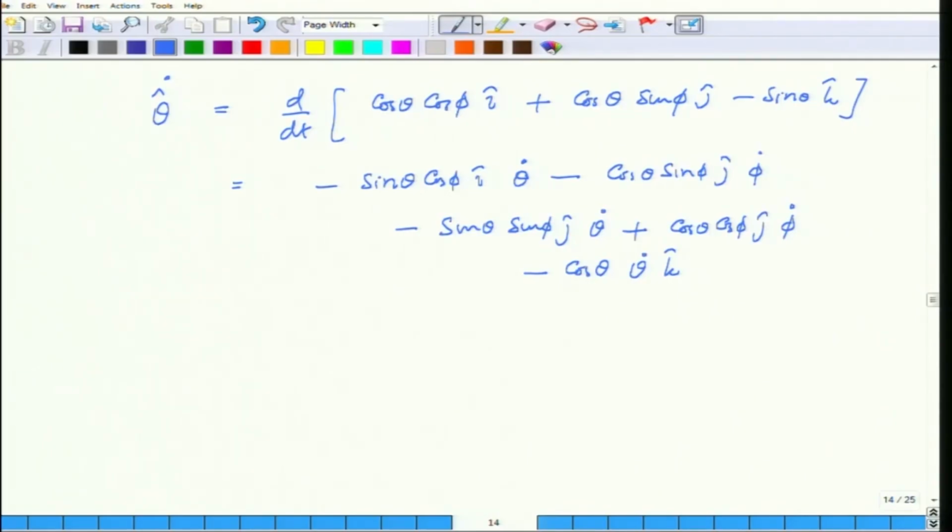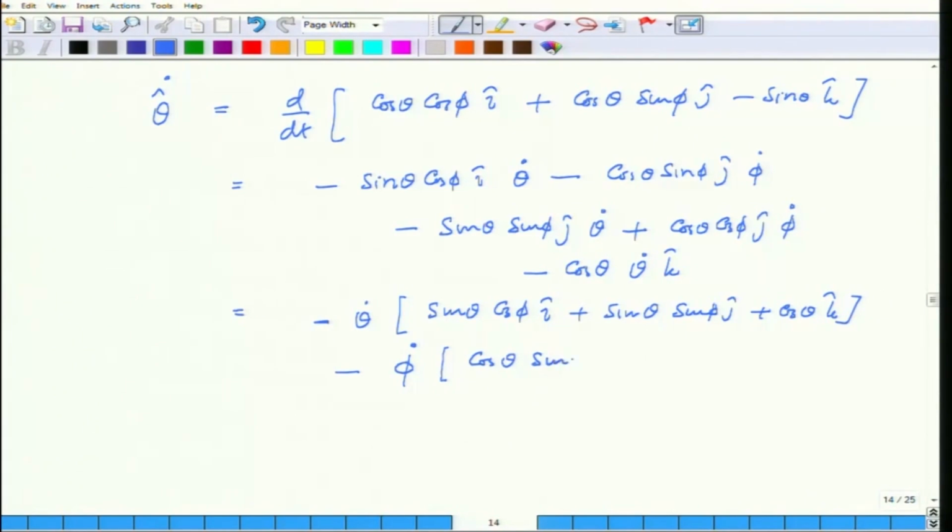If I collect all the theta dot terms, this I can write as theta dot with a minus sign, sine theta cosine phi i plus sine theta sine phi j plus cosine theta k, minus, let me also collect phi dot terms, minus phi dot in the bracket cosine theta sine phi i minus cosine theta cosine phi j.